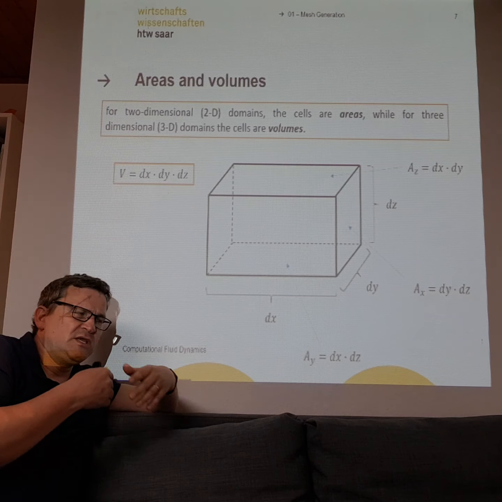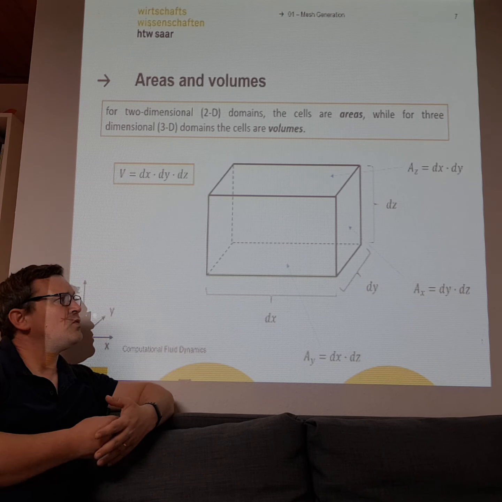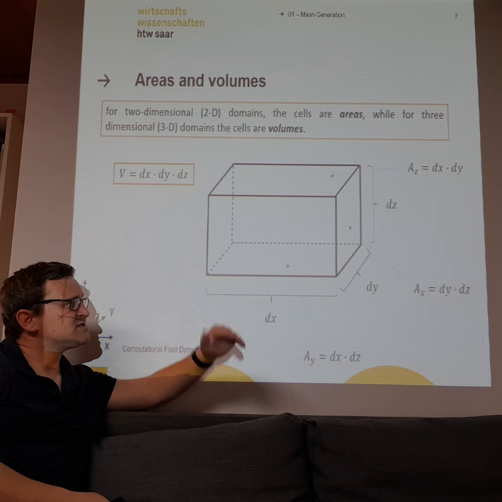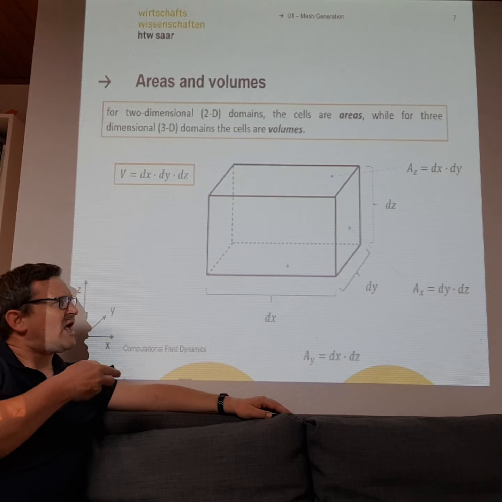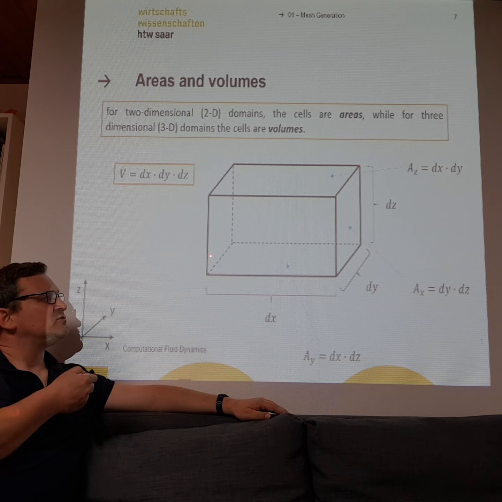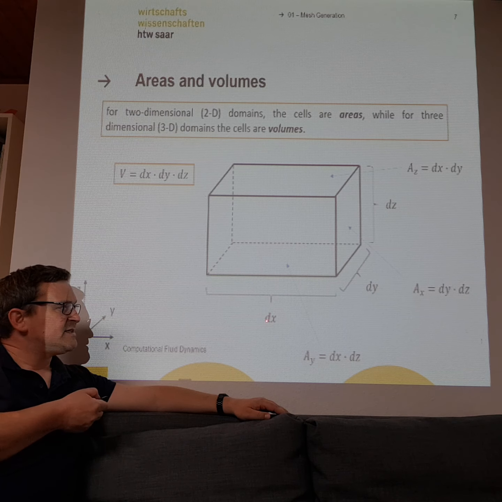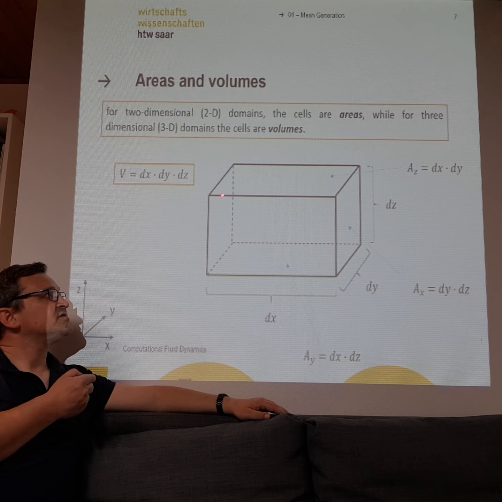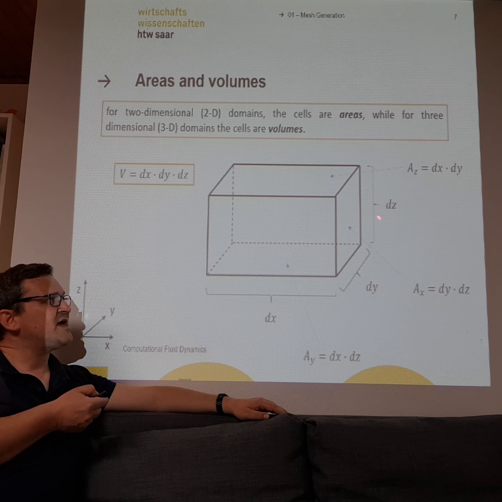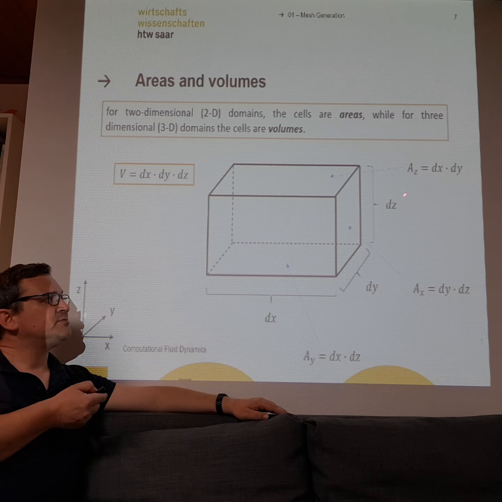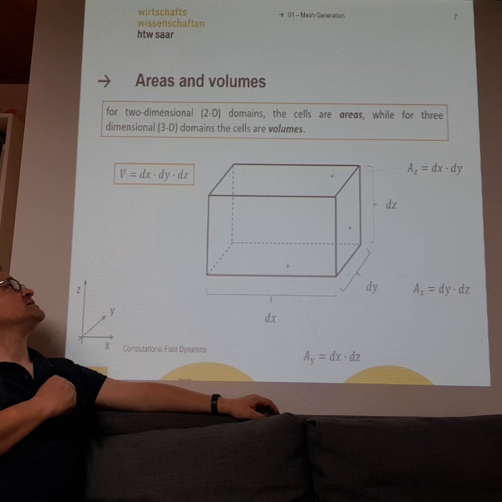And we often need, if we want to solve, for example, fluid flow or an electrodynamic field over this block here, you will always need areas. To calculate the area of this control volume at the side is rather easy. You just multiply delta x with delta z, you have this face here, or you can multiply delta y with delta z to get this face, or you can multiply delta x with delta y and get the area here at the top.